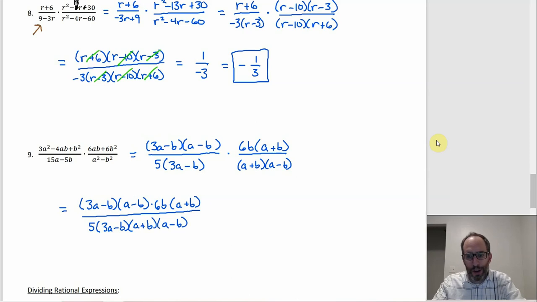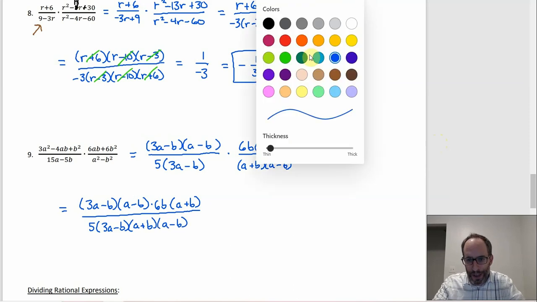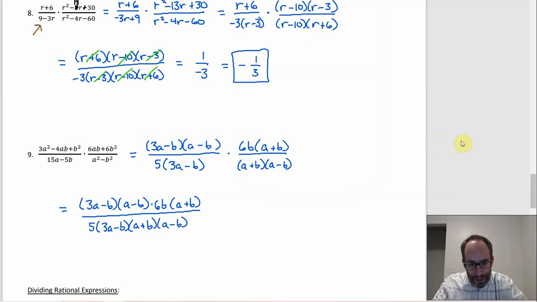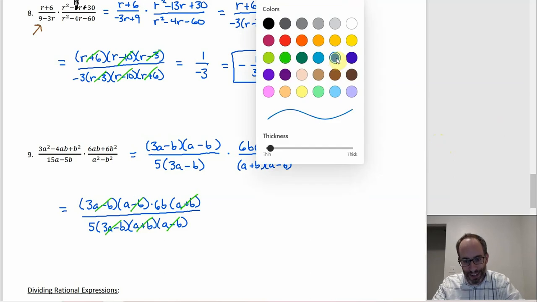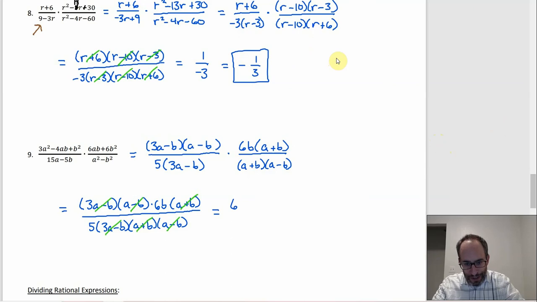And once again, all kinds of cancellation is going to happen. So let's see, 3a minus b, 3a minus b, a minus b, a minus b, a plus b, a plus b. All right, almost everything once again. And it looks like all we've got left is a 6b on the top and a 5 on the bottom. And that's it, right? Can't do anything else with that, since 6 and 5 don't have any common factors.